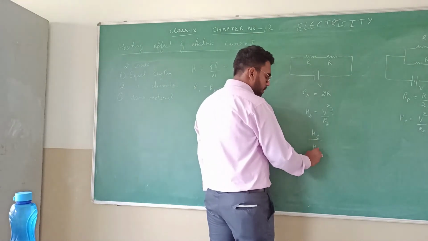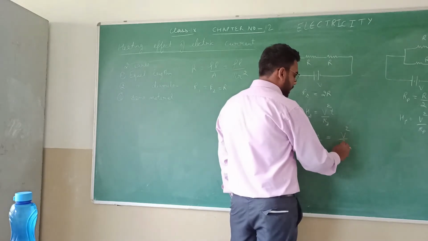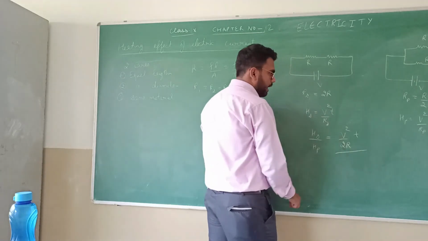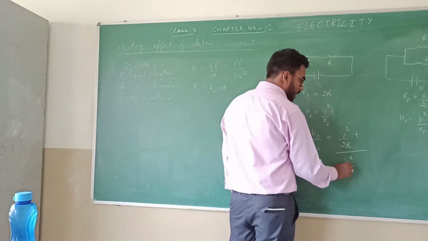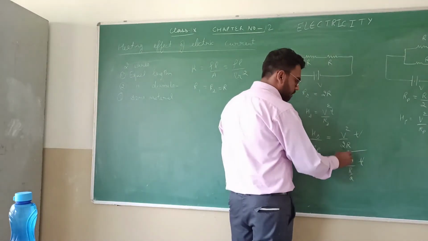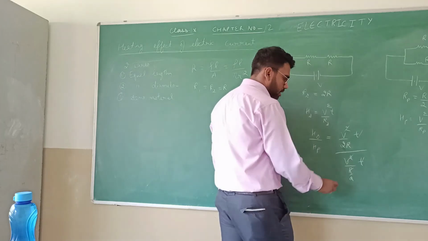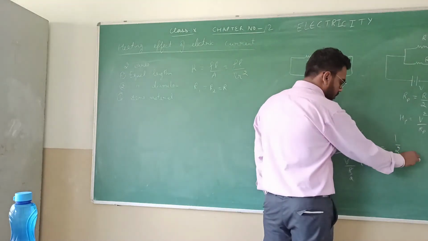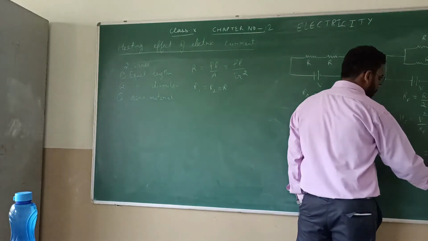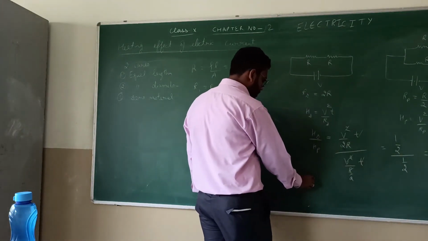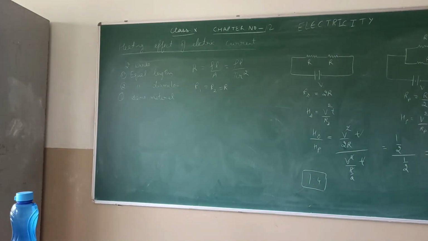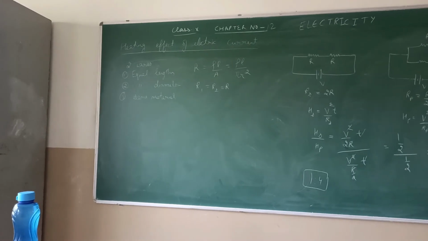Hs upon Hp is V square by Rs, the value of Rs is 2R, into T, and V square by Rp, which is R by 2, into T. T will cancel T, V square will cancel V square, R will cancel R. So we got 1 by 2 divided by 1 by 2, and it becomes 1 by 4. So the ratio of heat is 1:4.